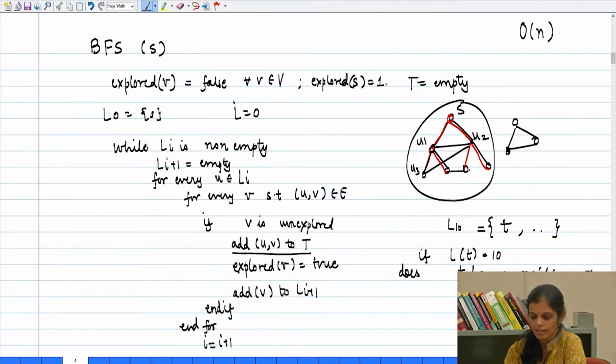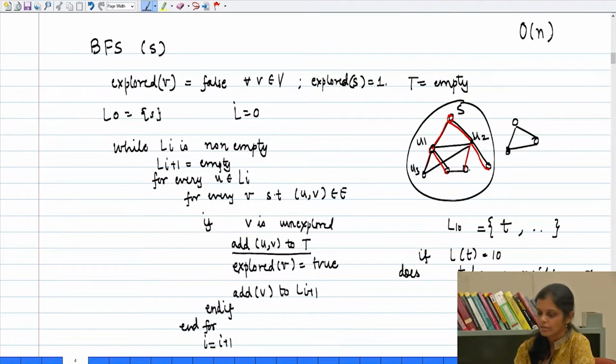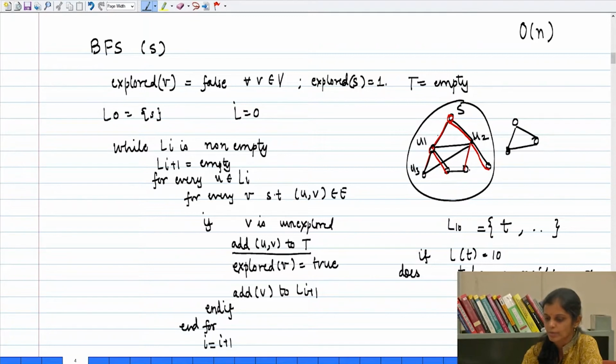Additionally, whenever we explore a vertex, we also explore the edges incident on it, right? So you take a vertex, you explore the edges incident on it, and we do not know actually whether the endpoint was already explored or not, right? Therefore, in fact, when you go to u2, you will again explore the neighborhood.